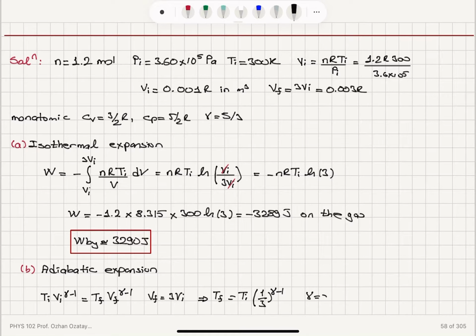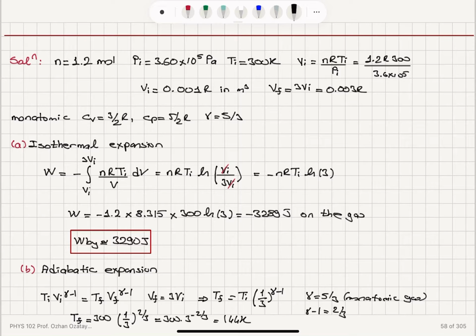Gamma is 5 over 3 for a monatomic gas, so gamma minus 1 is 2 over 3. Substituting for T final, you will find 300 times 1 over 3 to the power 2 over 3, which is 300 times 3 to the power minus 2 over 3, and that is 144 Kelvin.